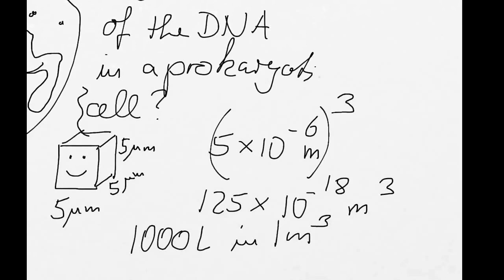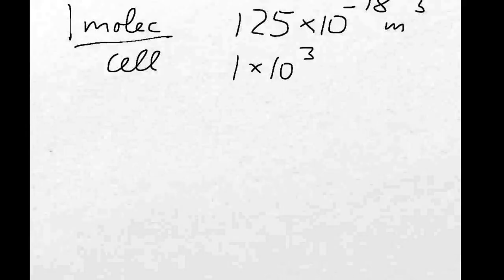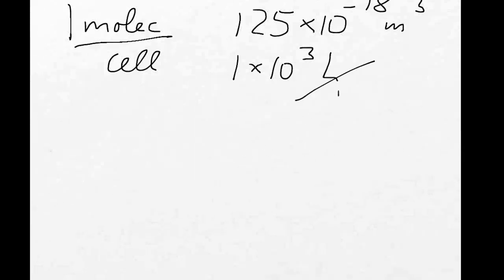Okay. So I'm running out of space. Let's say we have 1 molecule per cell. The cell volume is 125 times 10 to the minus 18 cubic meters. We have 1 times 10 to the 3 liters per cubic meter.